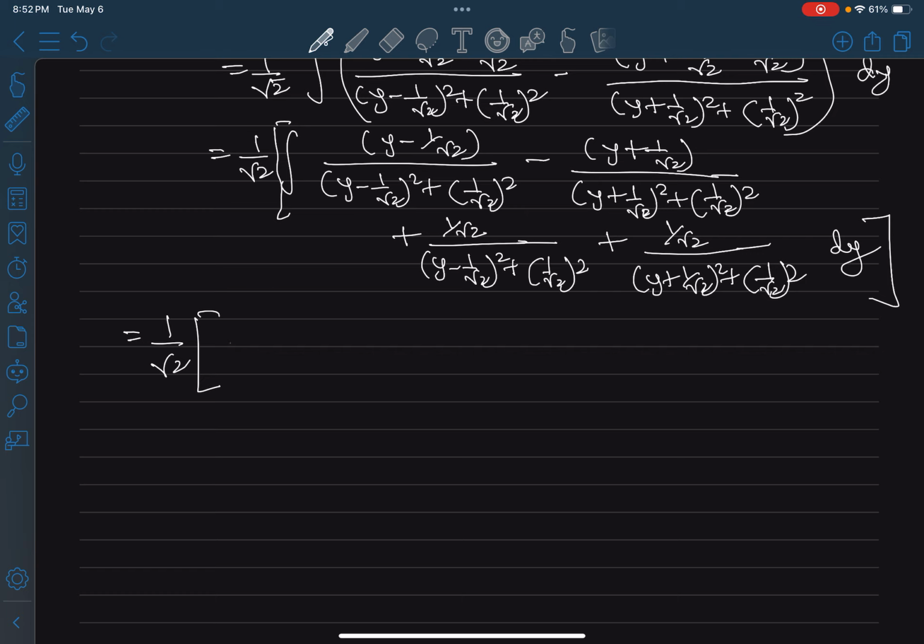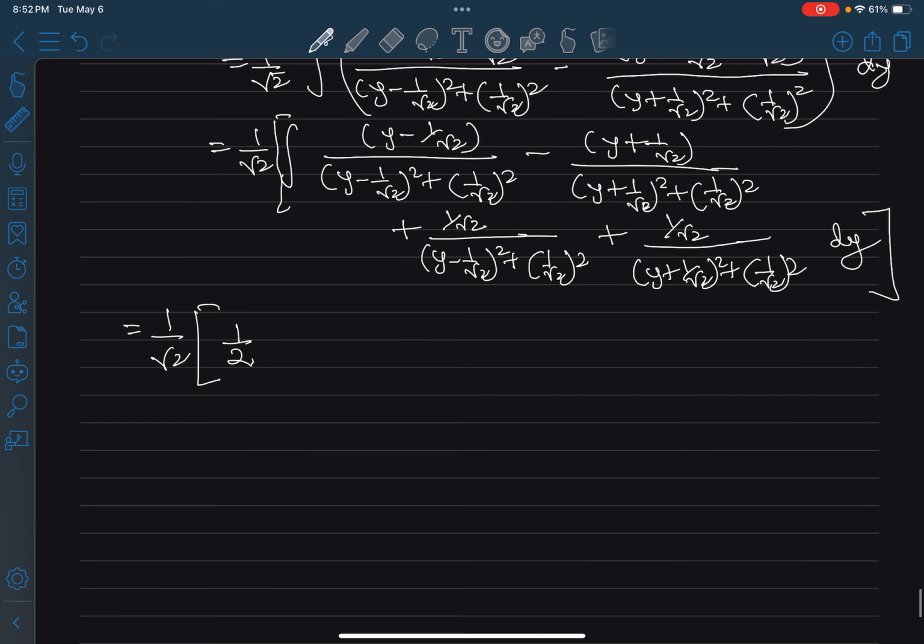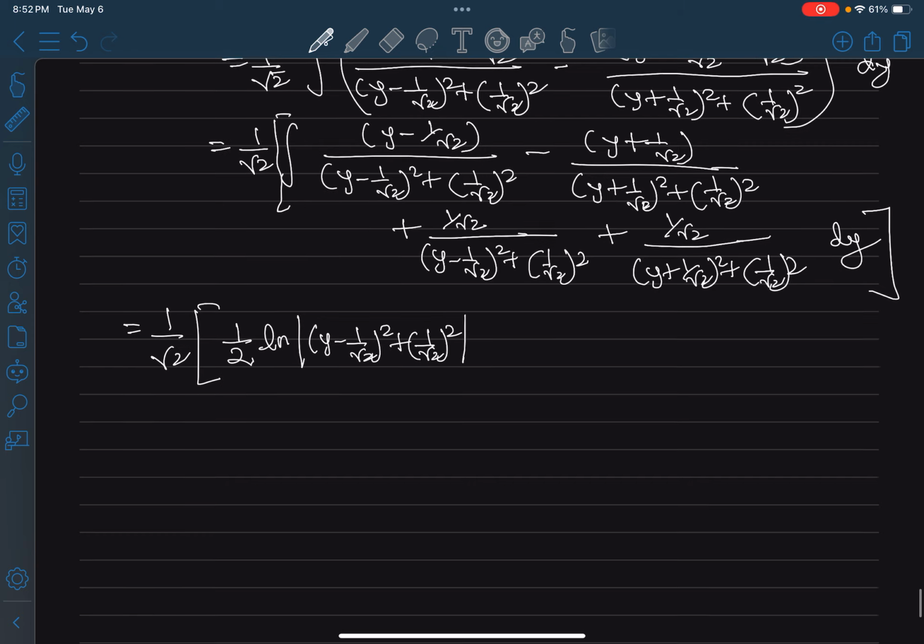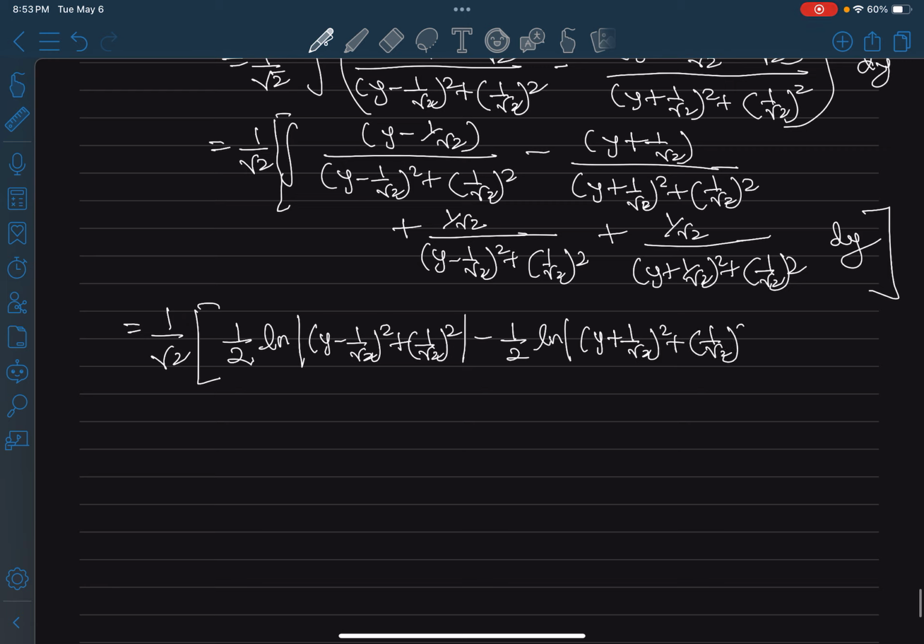So that's why if I give 1 by 2 over here, then this 2 times this expression in numerator will just become the derivative of denominator. Am I right? Yeah. So then 1 by 2 log of y minus 1 by root 2 square plus 1 by root 2 square. And then minus 1 by 2 log of y plus 1 by root 2 square plus 1 by root 2 square, right?